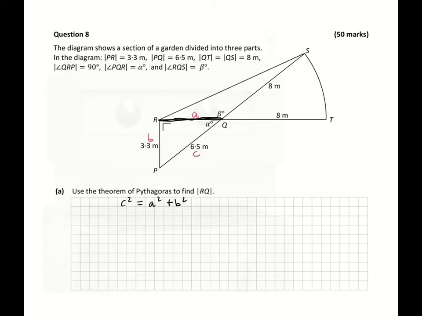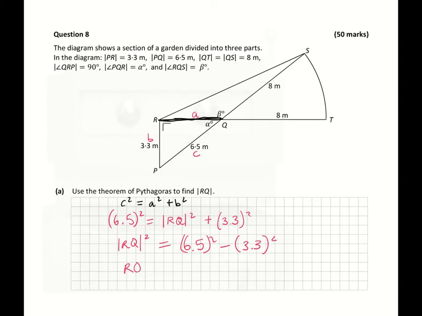So 6.5 squared equals what I'm trying to find out, RQ squared, plus 3.3 squared. So RQ squared equals 6.5 squared minus 3.3 squared.